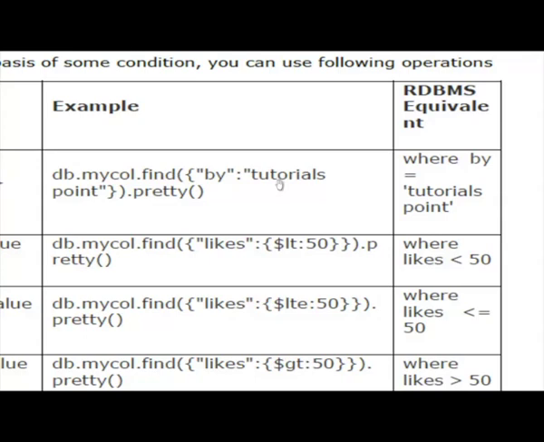That is, you are trying to look for a document whose name is tutorialspoint. So, by colon tutorialspoint indicates you are looking for a document having tutorialspoint, and you need the method called pretty to display that in a structured way. This query is equivalent to where by equal to tutorialspoint query in an RDBMS environment.